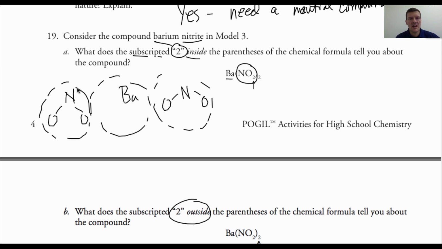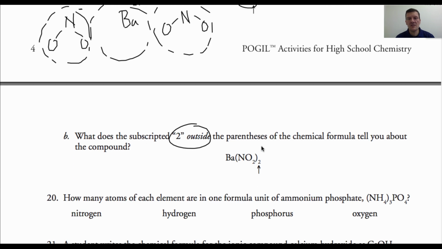So this ion here has a negative charge on it, but the barium's got a 2+. That's why I've got 2 nitrites attracted to the single barium. And when they come together, they form this neutral compound that is written like this, with no charges written on them. This 2 inside is talking about the formula for the polyatomic ion. The 2 outside is telling me I have multiple polyatomic ions bonded to the single barium.